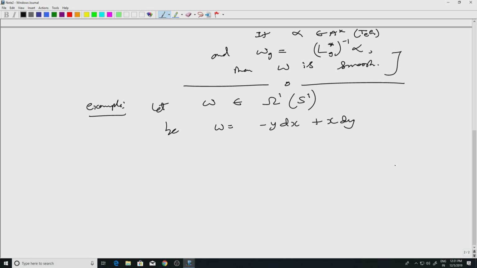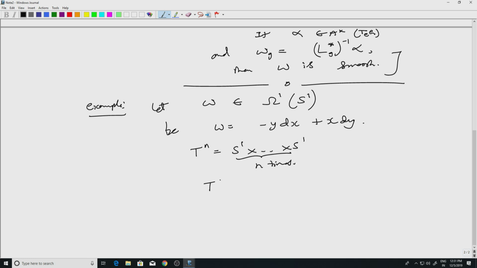So this form, we have seen that this is closed but not exact on R2 minus 0, and so one can prove that it's not exact on S1 as well. But what I want to look at now is the n-dimensional torus, S1 times up to n times.